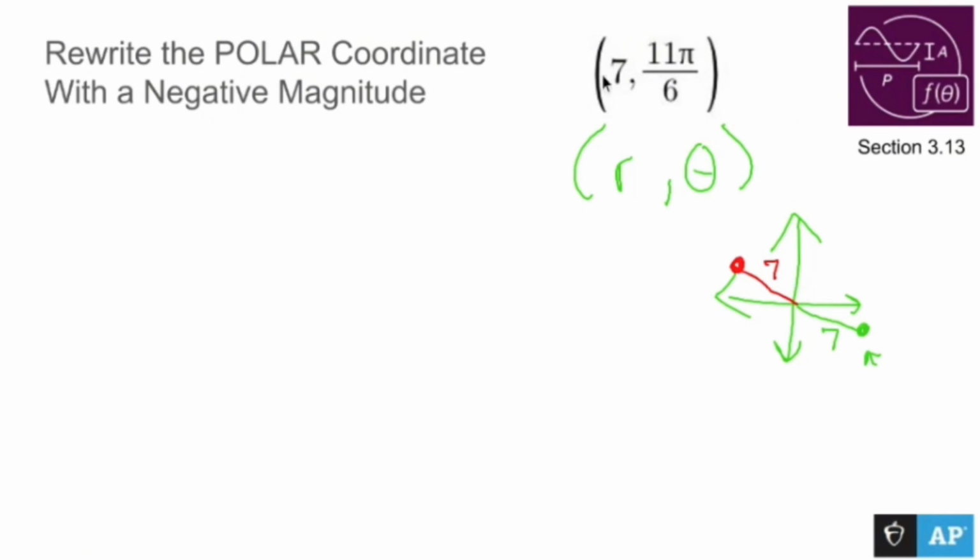Now, if negative 7 has me going in the exact opposite direction, that's a change of 180 degrees, or pi radians. So if I'm going to make this negative 7, then I need to spin this guy around in the exact opposite direction. So I'm going to either add, or in this case, subtract pi.